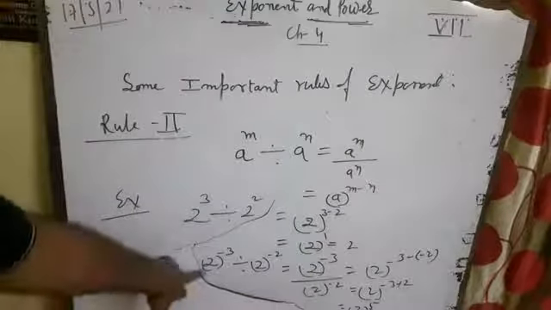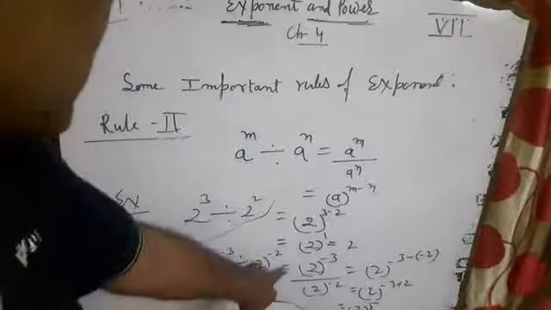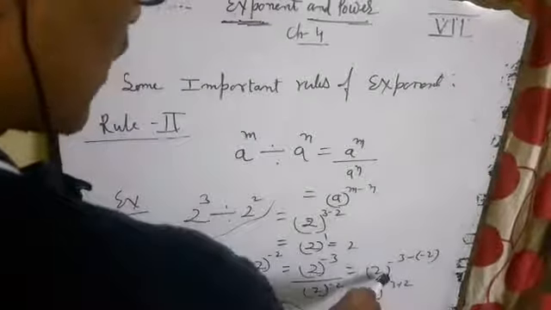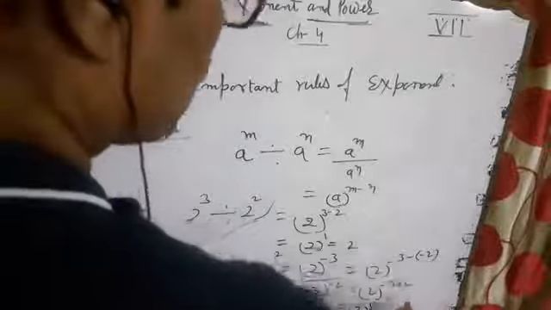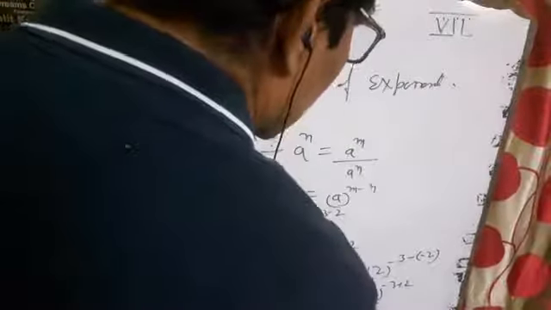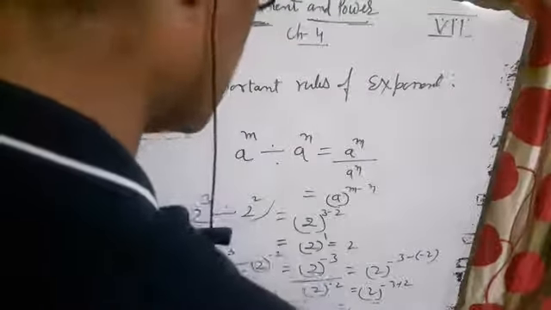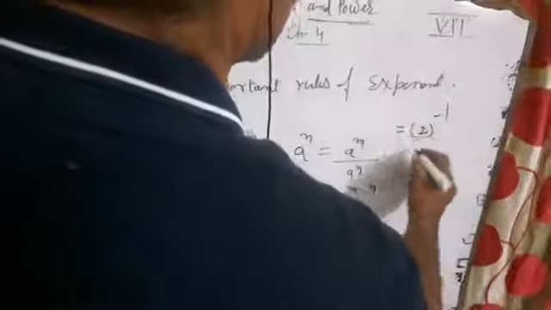Similarly, 2 to the power minus 3 divided by 2 to the power minus 2. Wrong, this is 2 to the power minus 1 or 1 upon 2.